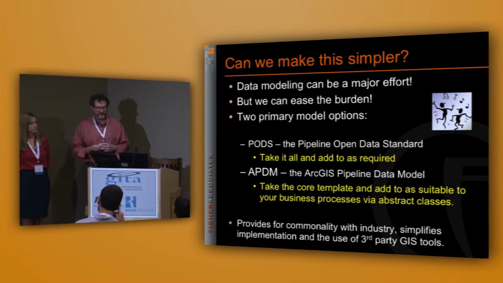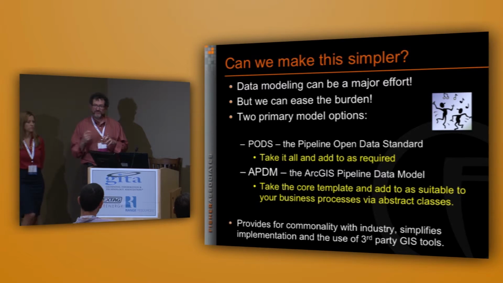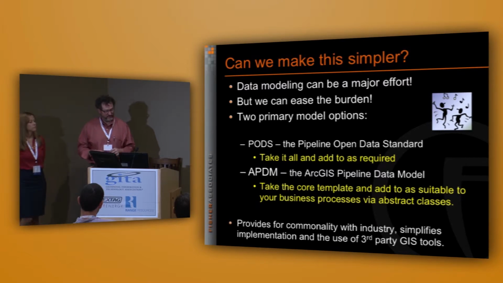The APDM is a slightly different methodology. Essentially, it's a template with some core data tables and some core data modeling processes. I shouldn't say standards. Techniques, kind of rules that are applied inside the APDM. And then operators can add or subtract to that as they see fit.